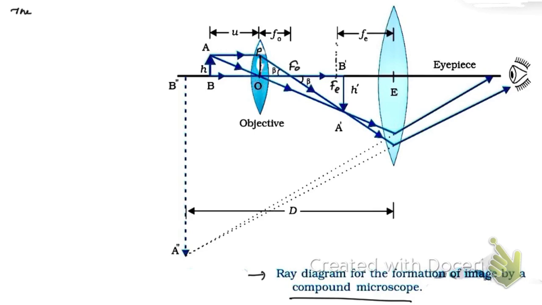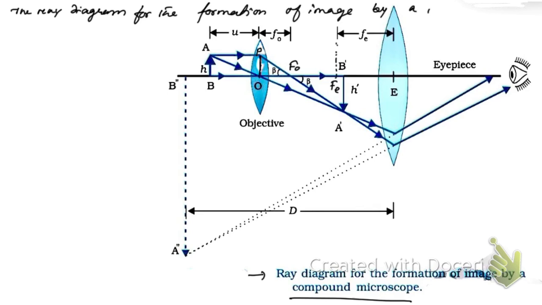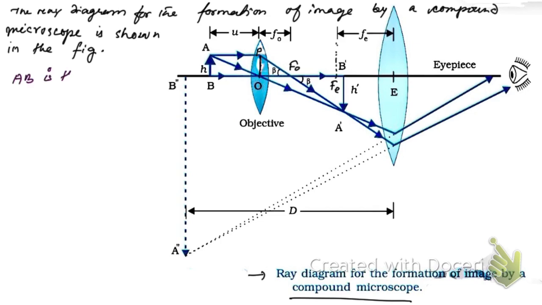The ray diagram for the formation of image by a compound microscope is as shown in the figure. Here AB is the object.